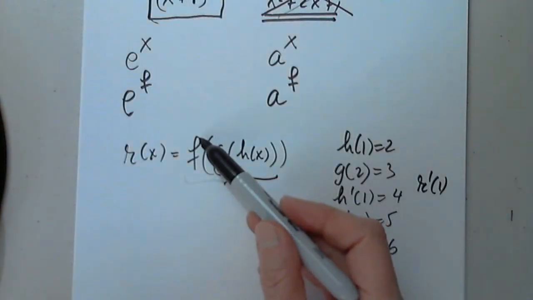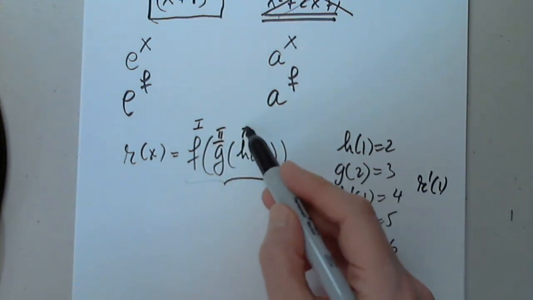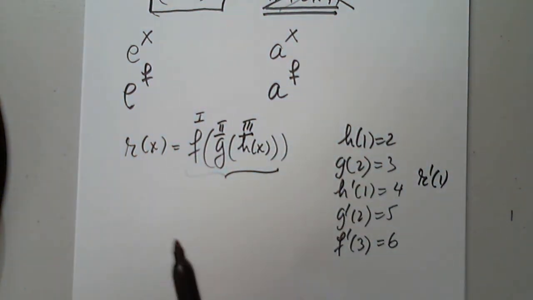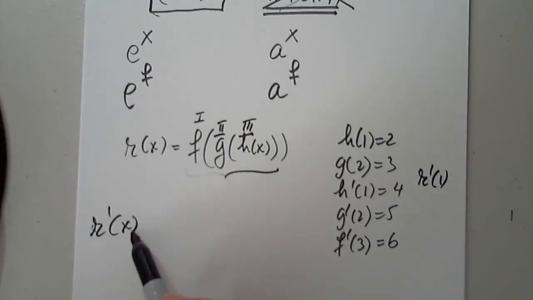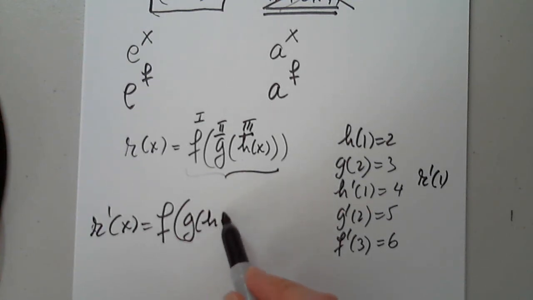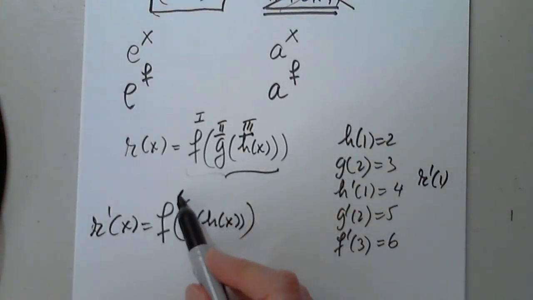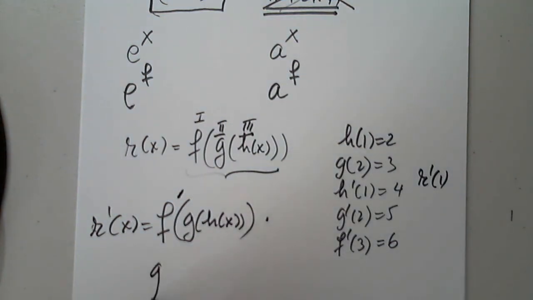Remember, outer, so this is number 1, this is number 2, and this is number 3. So r prime of x will be f prime of everything, times g prime of everything that is left in, times h prime of x.